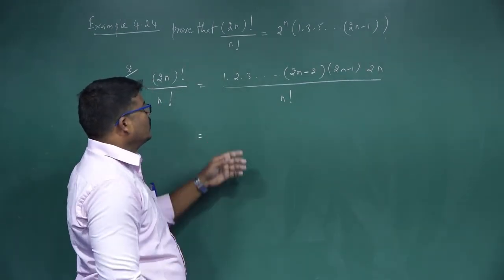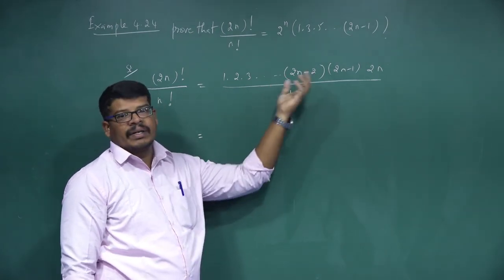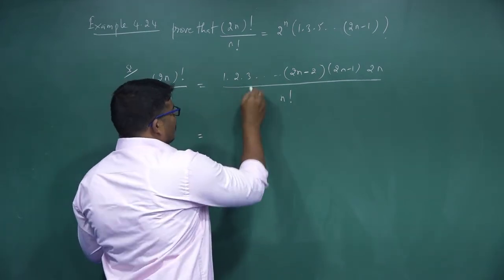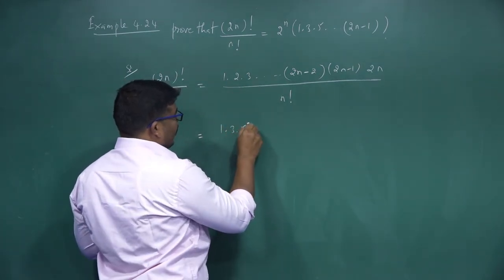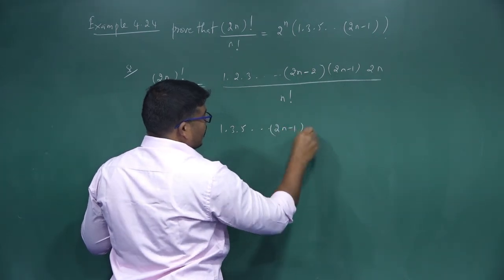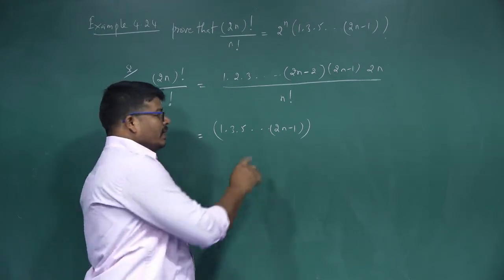The next one, grouping odd terms and even terms. Odd terms are 1, 3, 5 and so on up to 2n minus 1, that is the odd term.